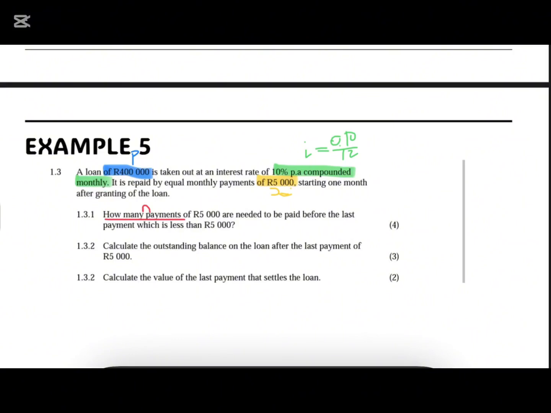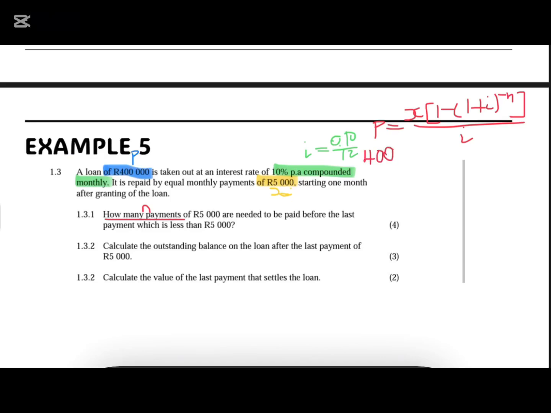So now we're going to use the present value formula, which says P is equal to X into 1 subtract 1 plus the interest rate to the power negative n, divided by the interest rate. So now we're going to substitute.